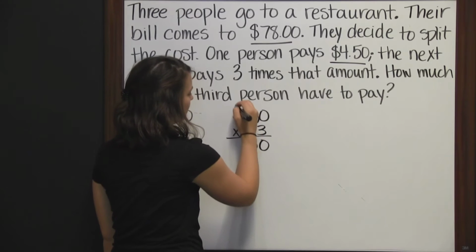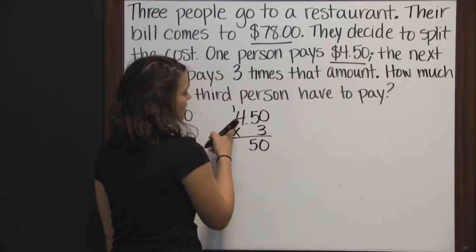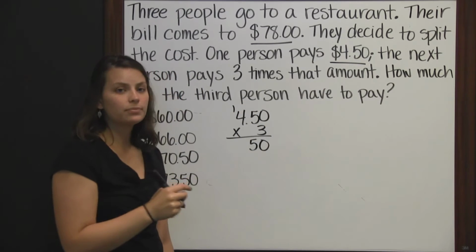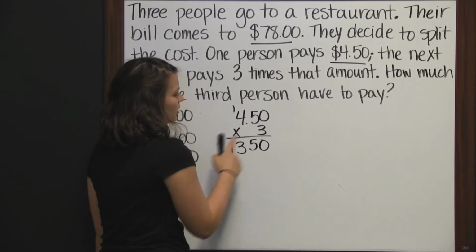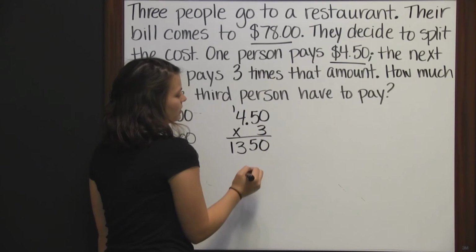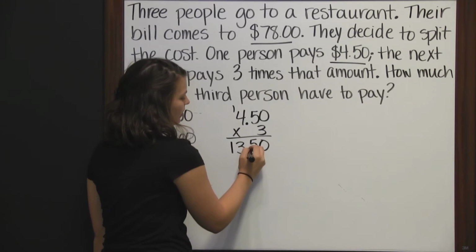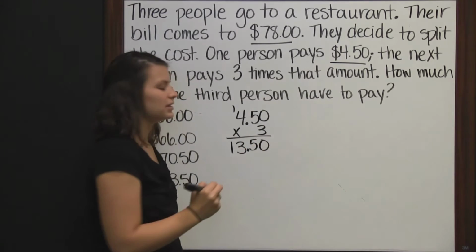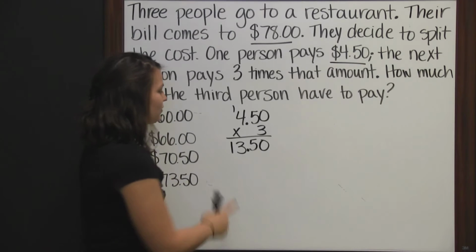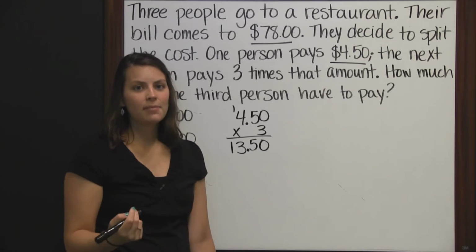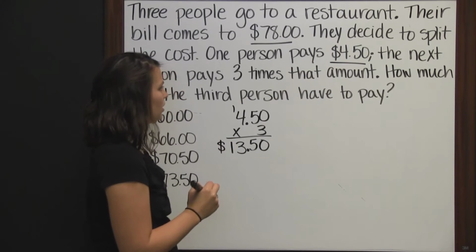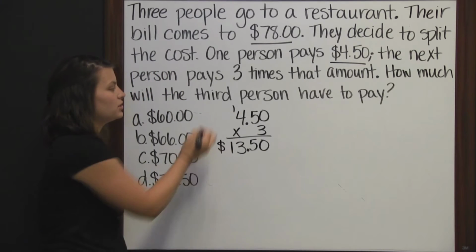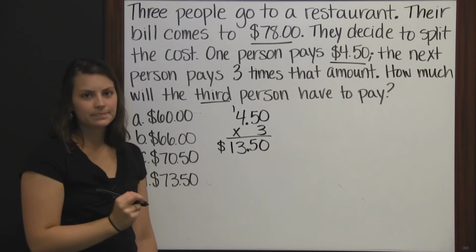So write the 5, carry the 1. 3 times 4 is 12, plus 1 is 13. Since we have 2 numbers behind the decimal place here, we have 2 numbers behind the decimal place in our product. So that means that the second person ended up paying $13.50.